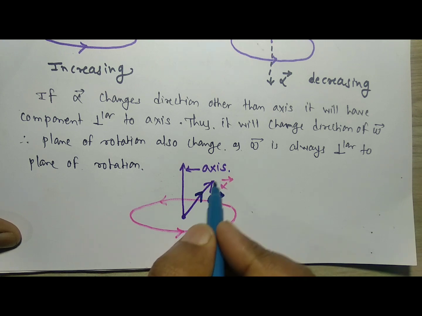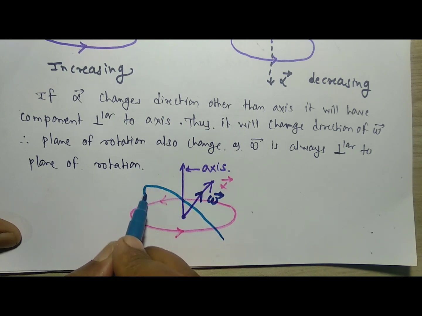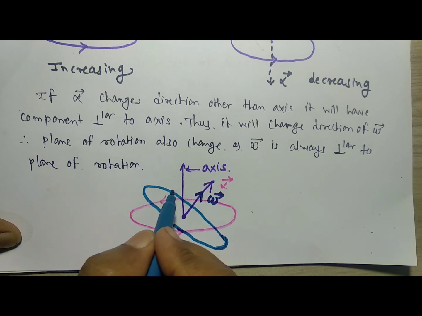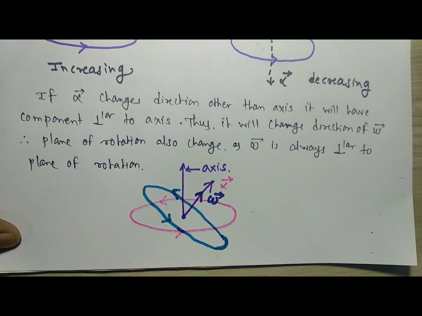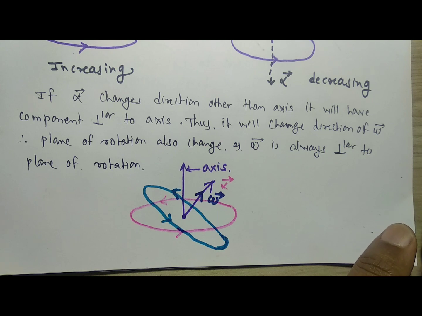That means omega is always perpendicular to the rotation plane. It works in a gyroscope, and therefore the plane of rotation also changes.